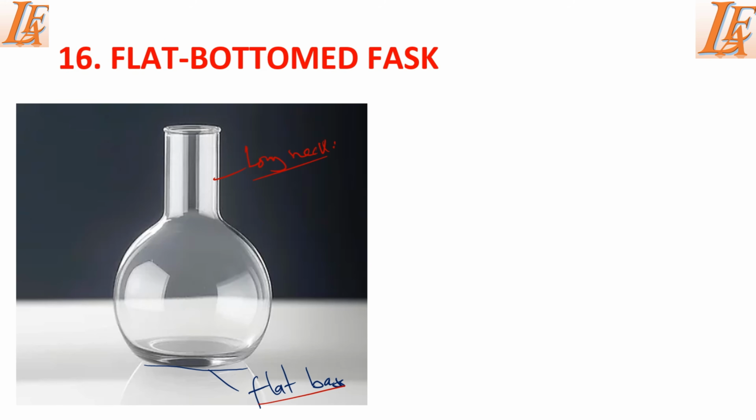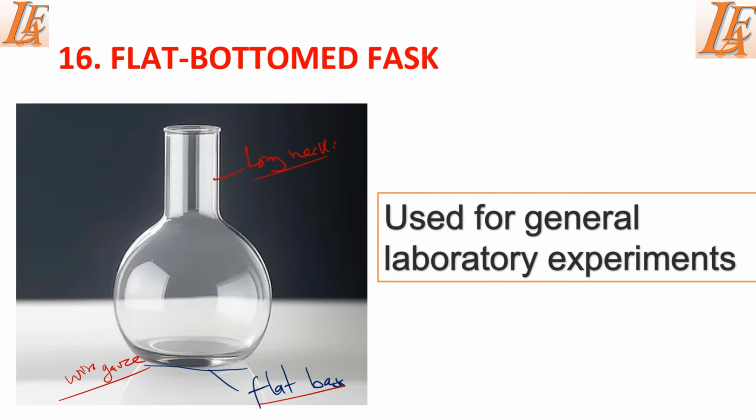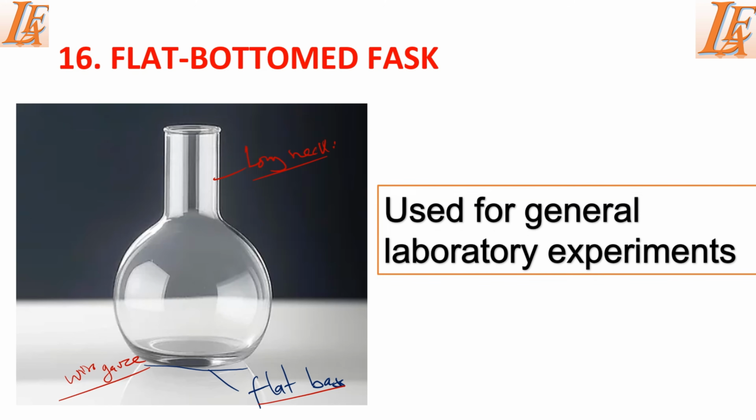Now this one is used for heating, but if you have to use it for heating, since the base is flat, you must use it together with a wire gauze. But of course, it's also used in other general laboratory experiments like mixing chemicals and storing liquids.